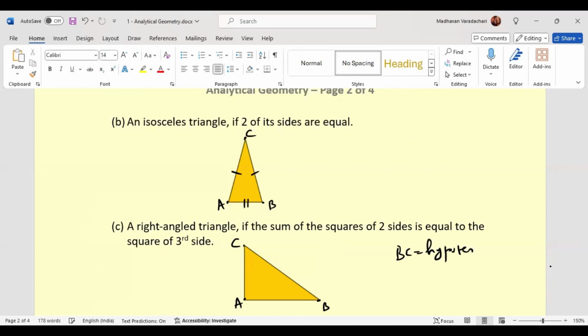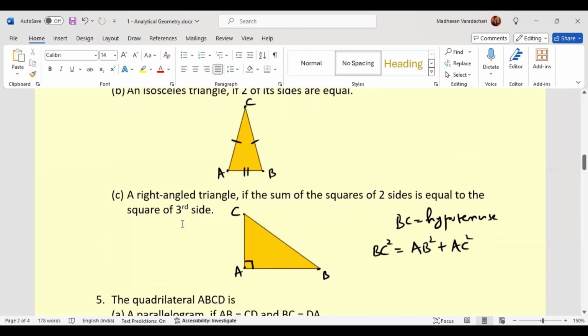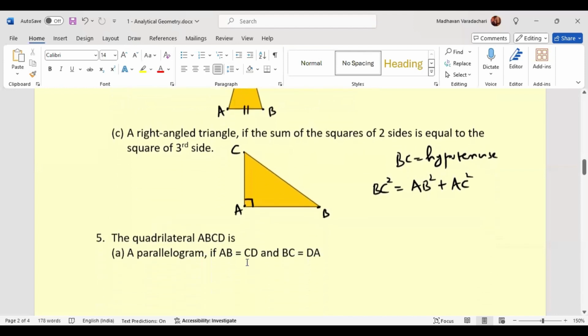We know hypotenuse square is the sum of the squares of the other two sides. So here BC square is equal to AB square plus AC square. That is what is specified. If it is a right angle triangle, here the right angle is here, if the sum of the squares of two sides is equal to the square of the third side. That square of the third side is your hypotenuse basically.